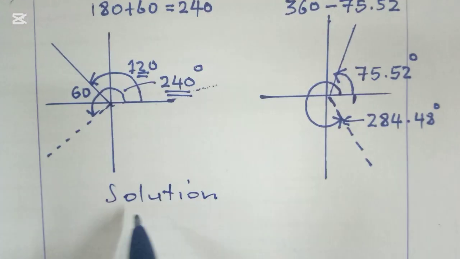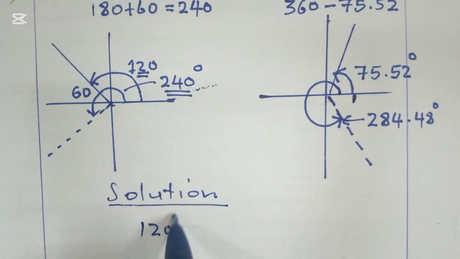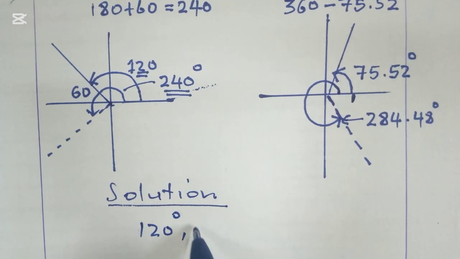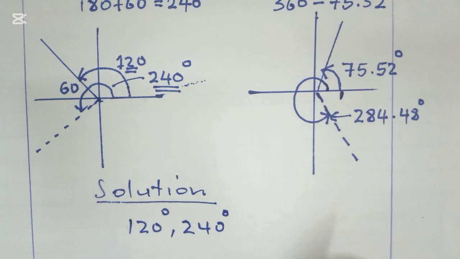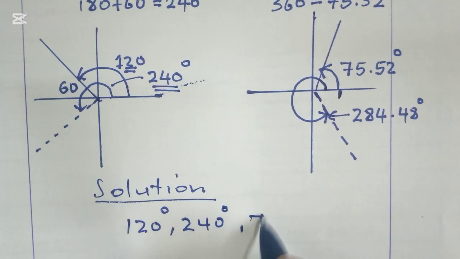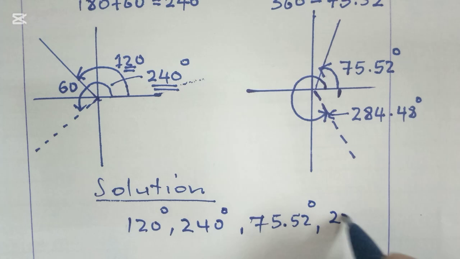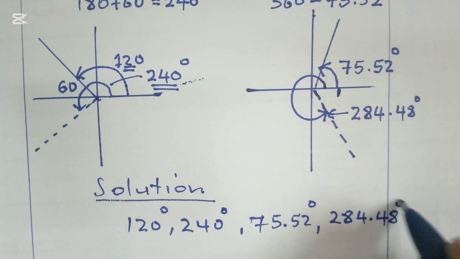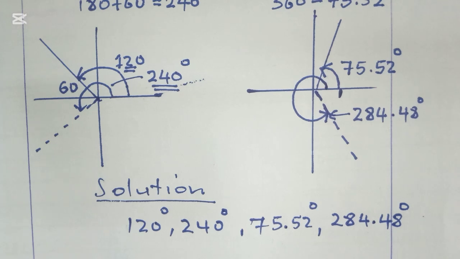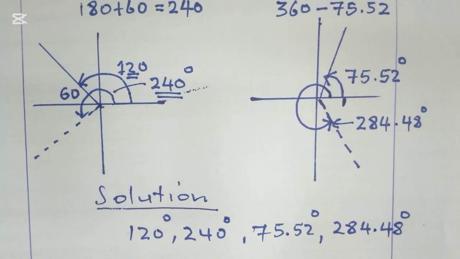We shall have now 120 degrees, 240 degrees, and then 75.52 degrees, and then 284.48 degrees. And so guys, these are our solutions, and as you can see, they are within the limits.